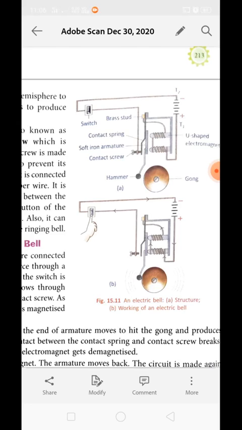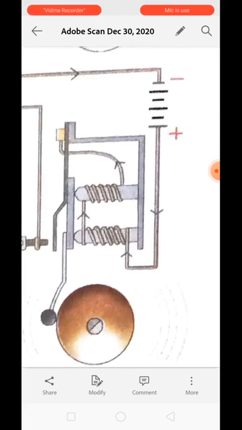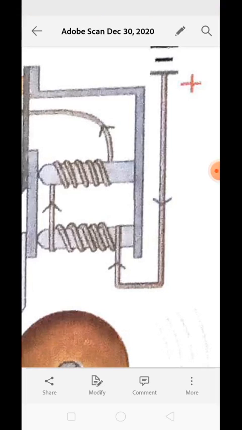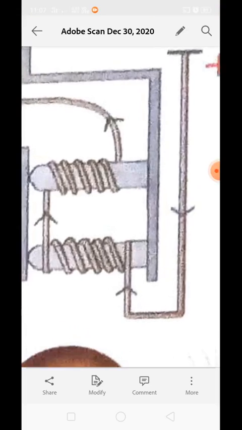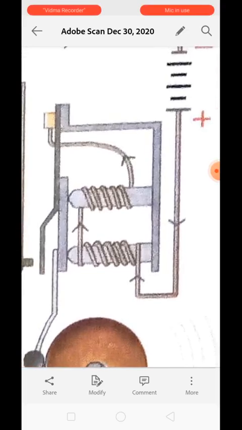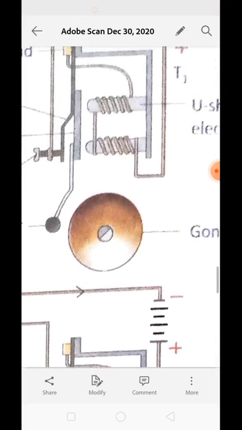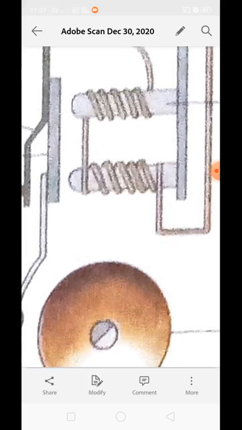First point, the terminals T1 and T2 are connected to a battery or energy source through a push button switch. When the switch is pushed on, the current flows through the electromagnet and the contact screw. As a result, this electromagnet will get magnetized. Obviously it will attract the armature.